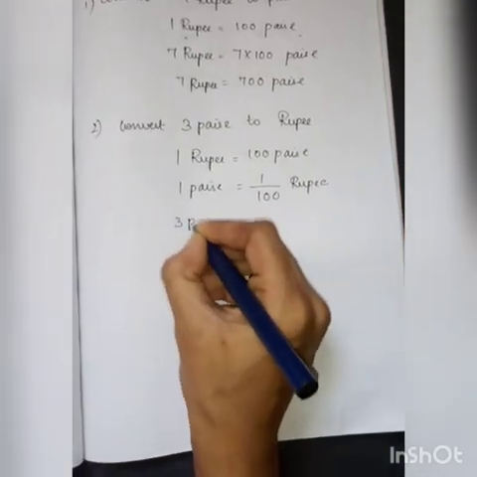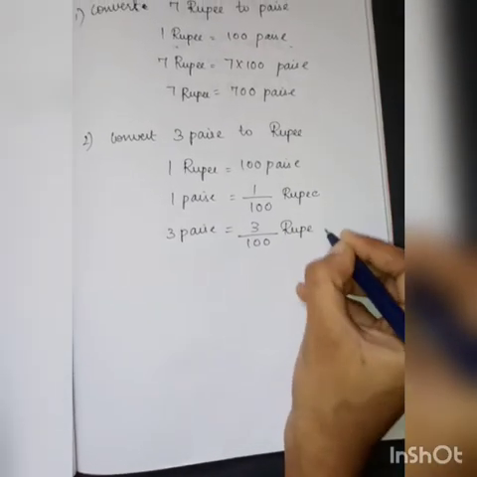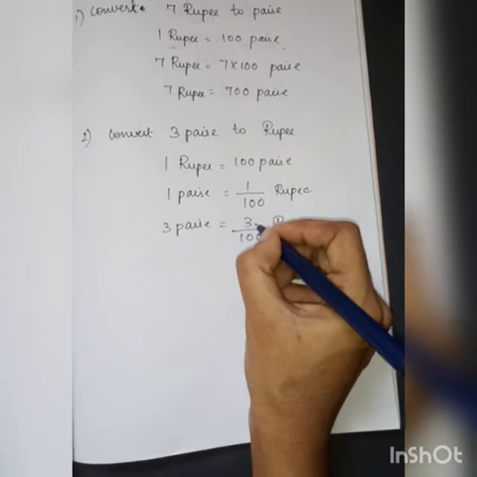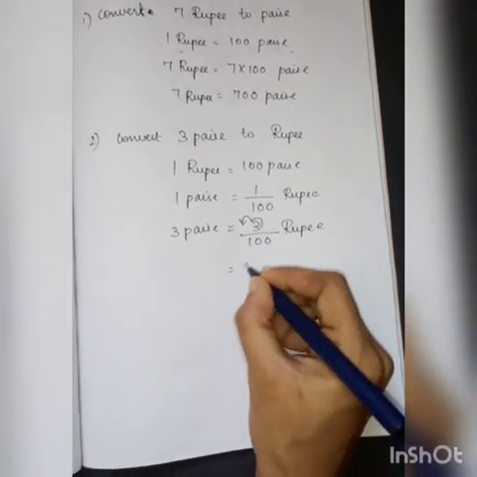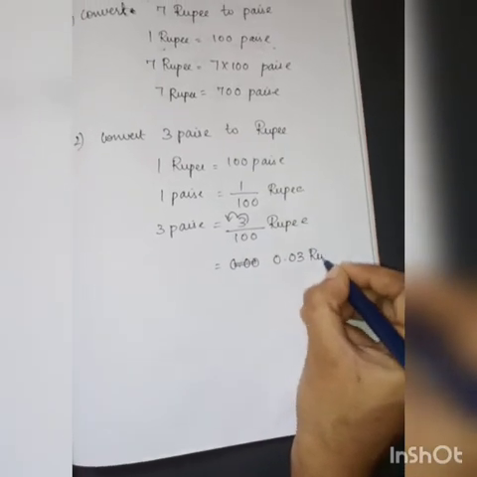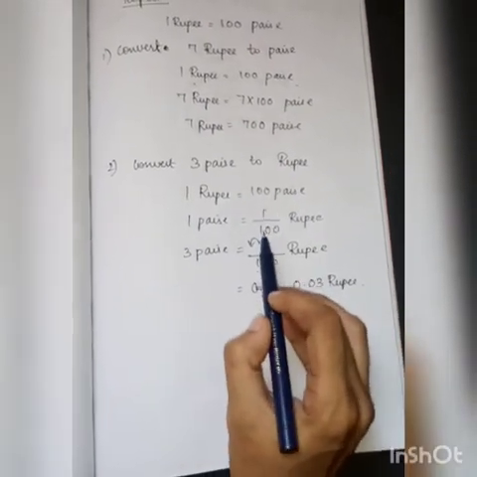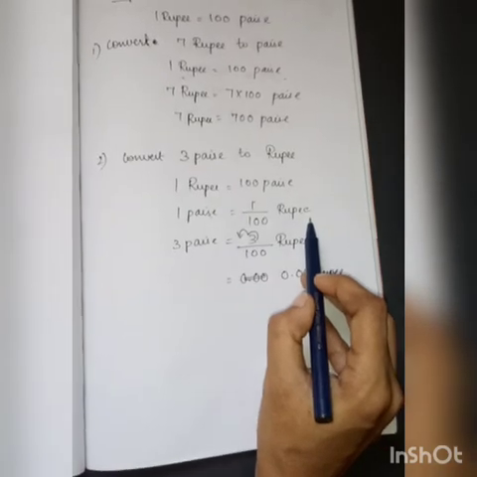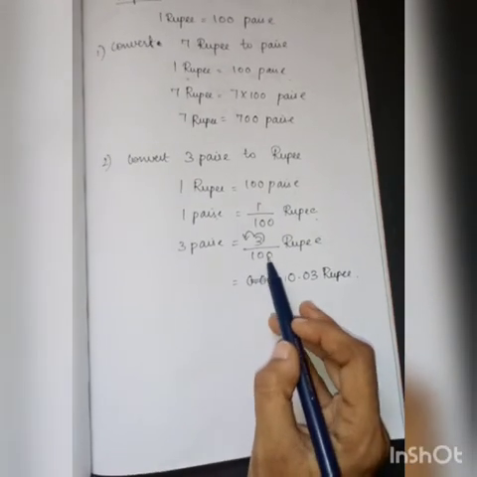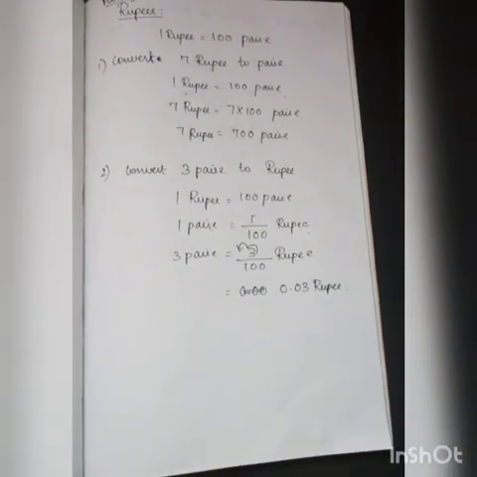Here 3 pies means 3 by 100 rupee. We are going to divide it. So how many zeros are here? 2 zeros. So 0.03 rupees. Understood?